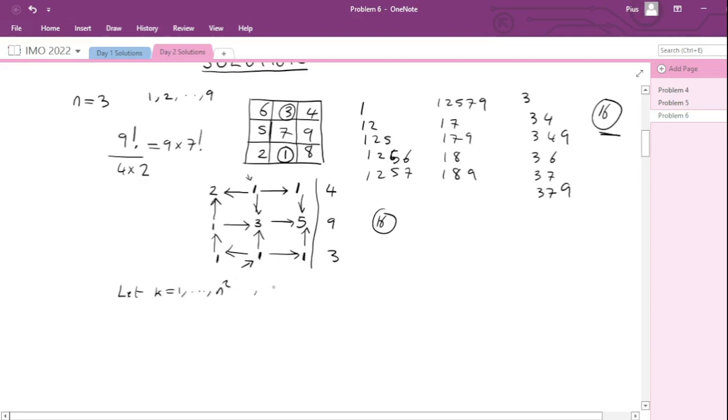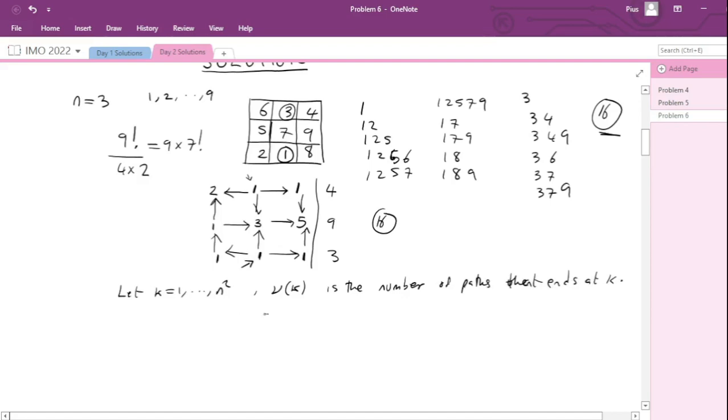Okay, so we'll say v of k is the number of paths that ends at k. Okay, so that's just what we have here.